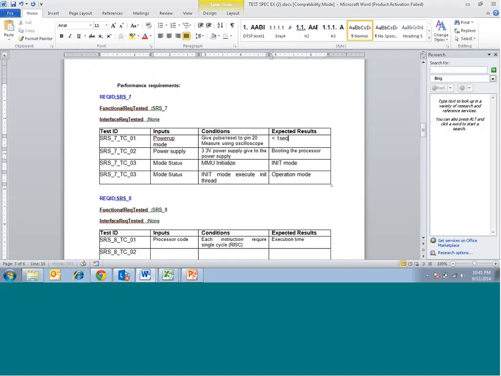That is the expected result, right? So that's how we are going to measure it with the power supply and validate the test case. Okay.